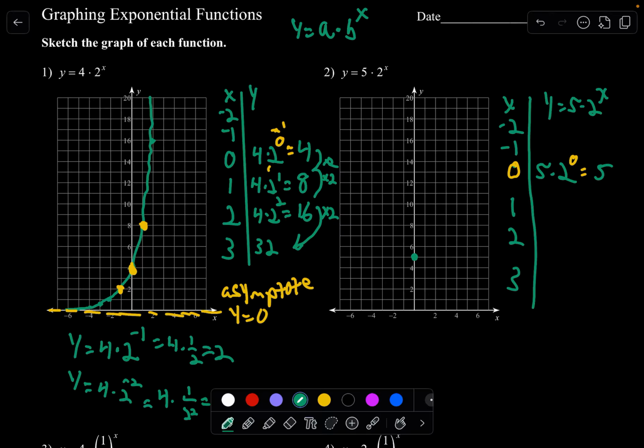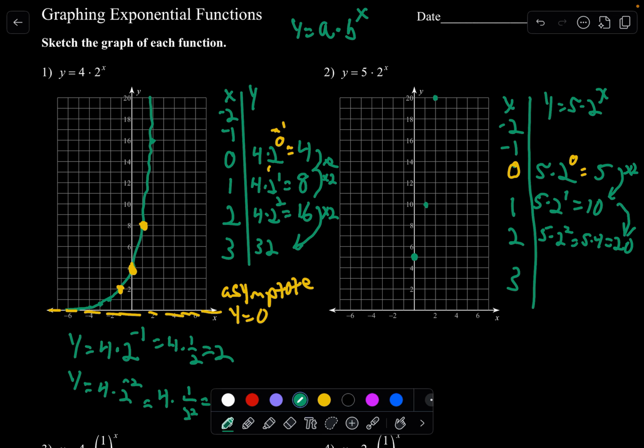Now when x is 1, that becomes 5 times 2 to the first, which is 10. So when x is 1, we're at 10. When x is 2, excuse me, that's 5 times 2 squared, which is 4. So that's 5 times 4, which is 20. So when x is 2, we're up here at 20. All right, do you notice we're multiplying by 2 each time?